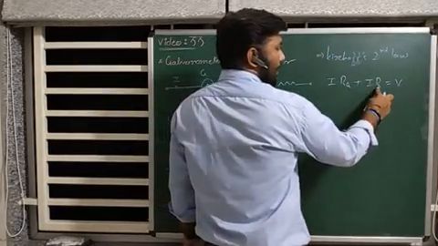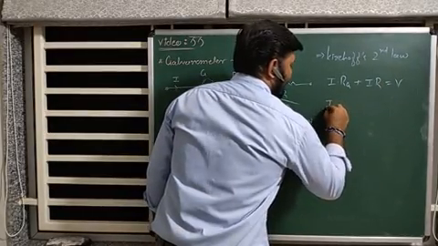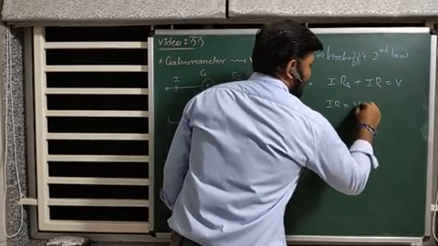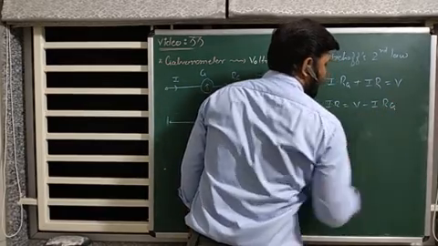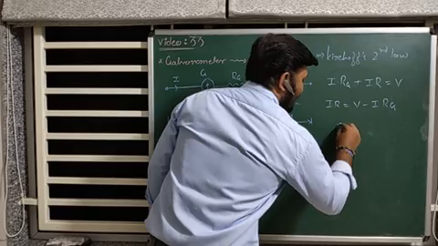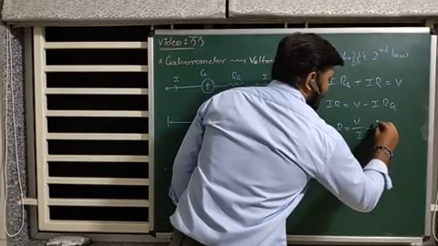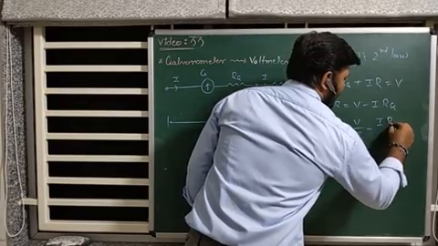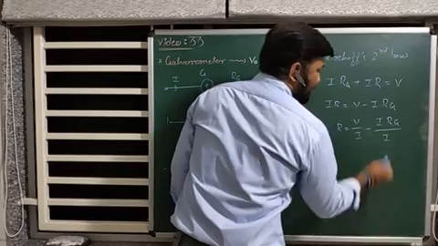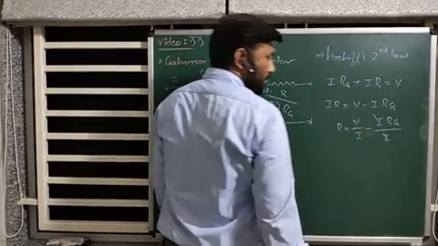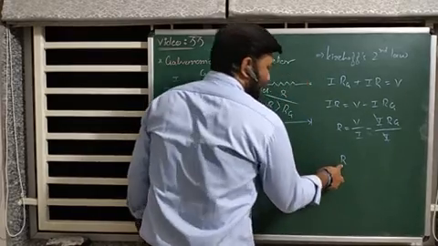What to find? R. So take this term to that side. We get I R is equal to V minus I Rg. We have to find R. So R is equal to V by I minus I Rg upon I. This I will cancel out. Then we get R. What is R?